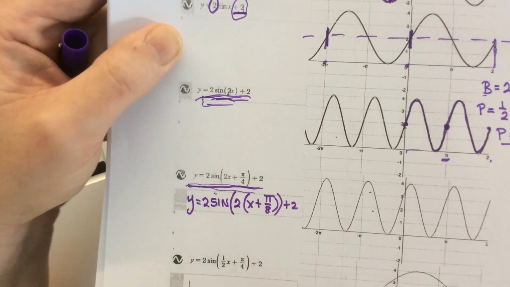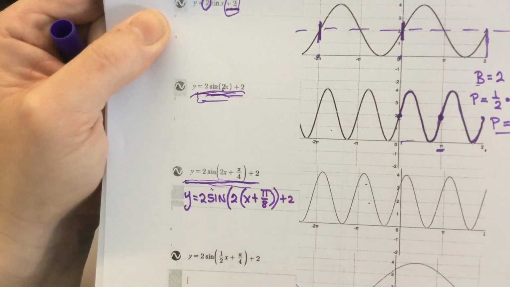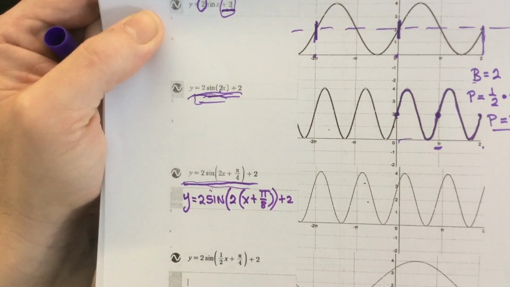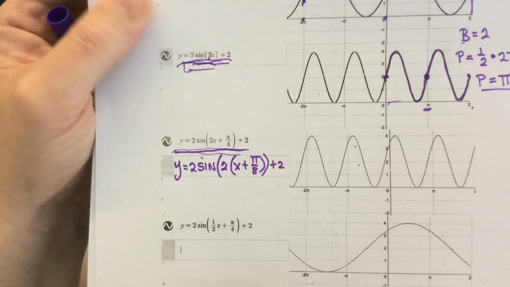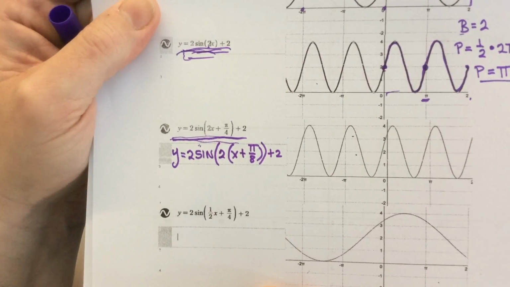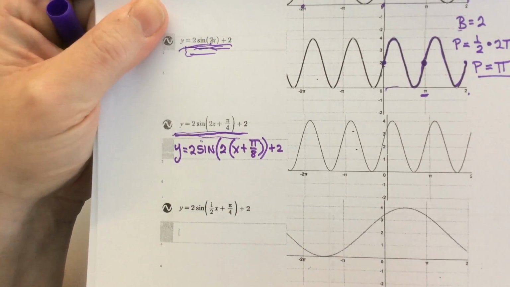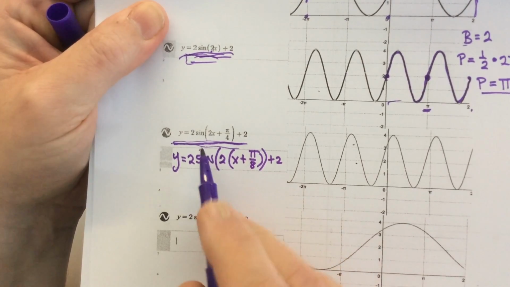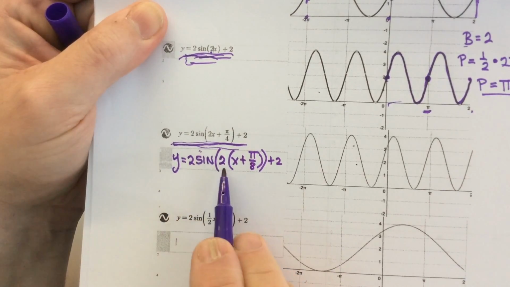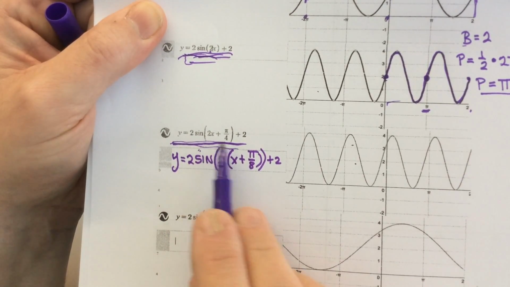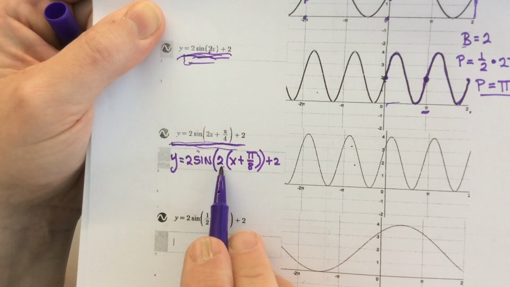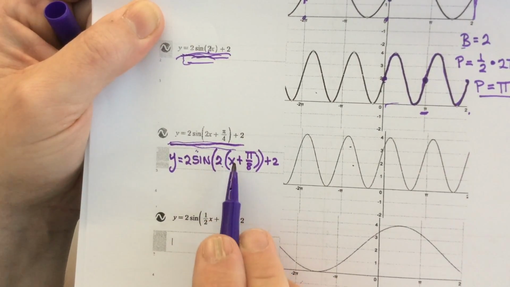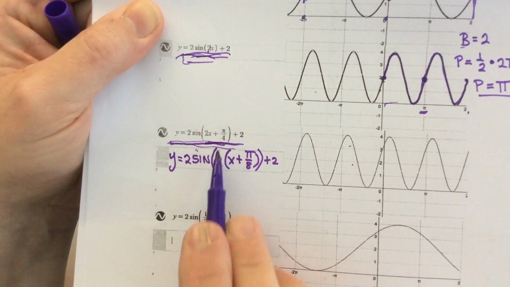If we needed to rewrite this, this would be the sine of 2 times x plus pi over 8, plus 2. What would happen here is this 2 would be factored out, or written the other way, would have to be distributed in to look like this.